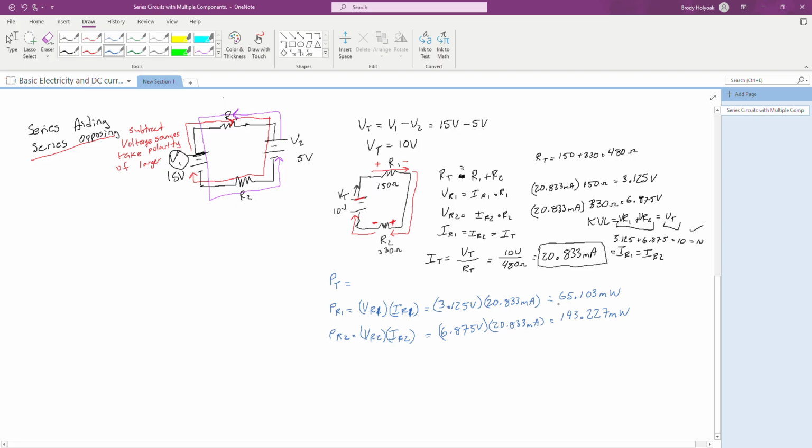milliwatts. And then if I add these together, so power of R1 plus my power of R2 is going to give me my power total. So 65.103 plus my 143.227.